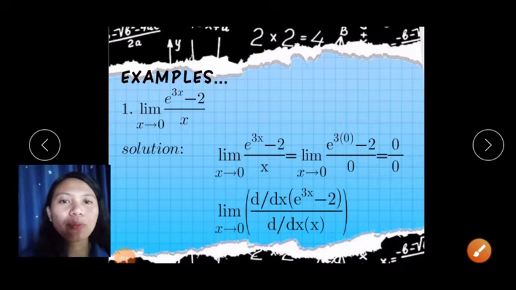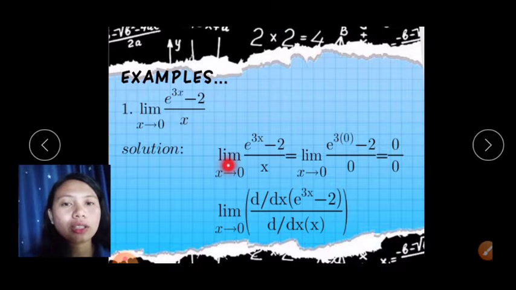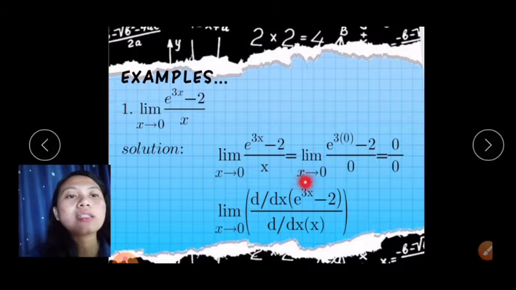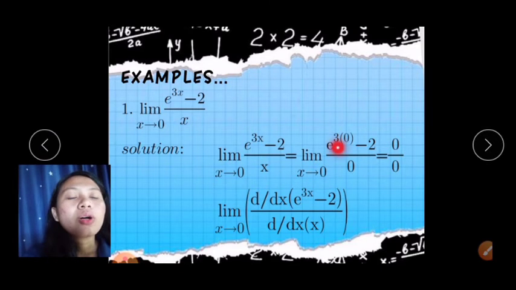Examples. Number 1. Limit as x approaches 0 of e to the 3x minus 2 over x. So our solution is limit as x approaches 0 of e raised to 3 times 0 minus 2 over 0, which is equal to 0 over 0.